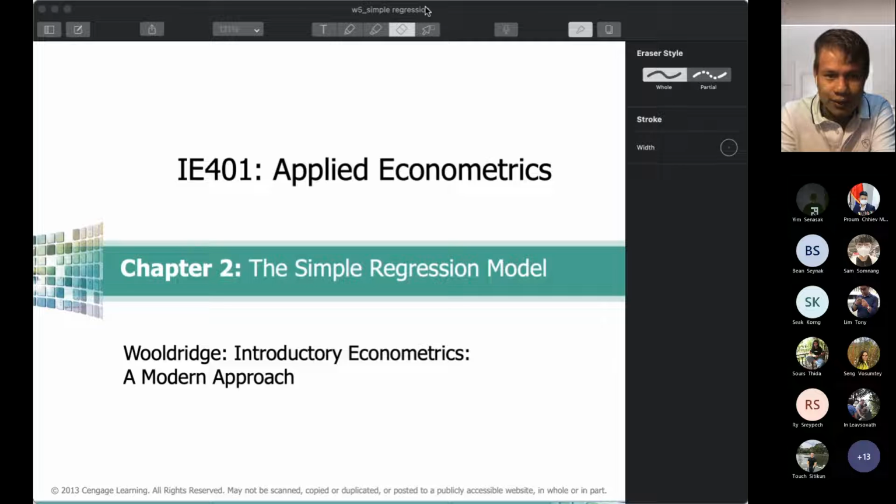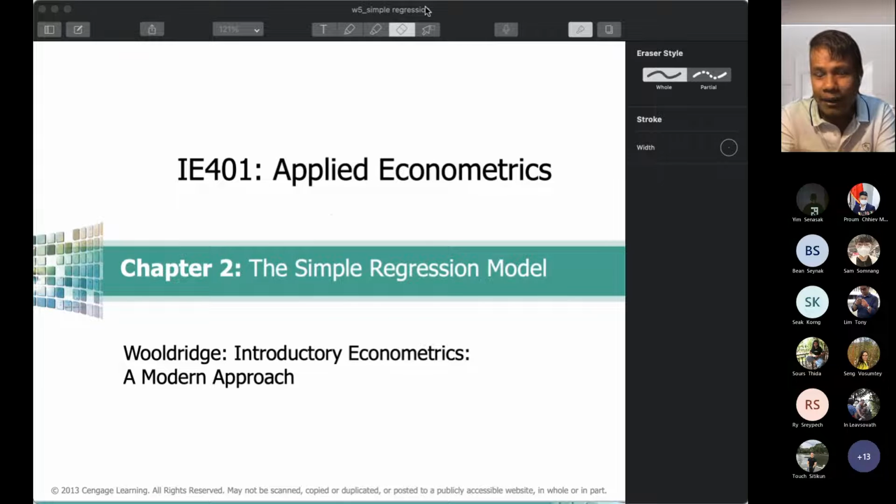All right. We also discussed the assumptions. In order to say that OLS is the best estimator, when we say estimator, we refer to the model. Okay. When we want to make sure that OLS is the best model or the best estimator, we need to make sure that the assumptions are met.